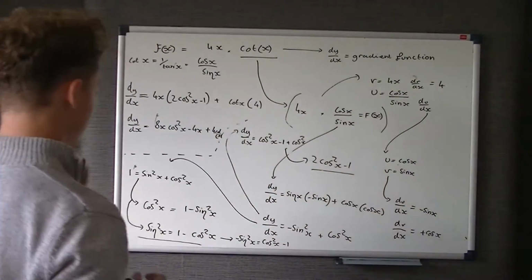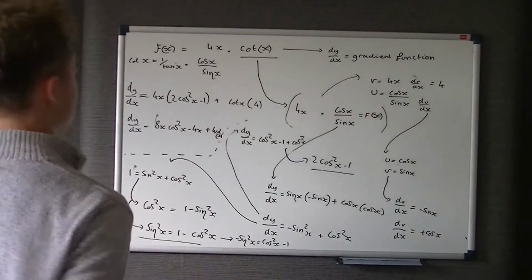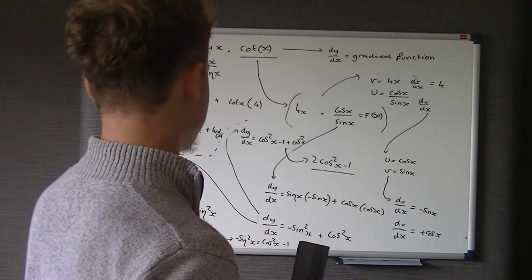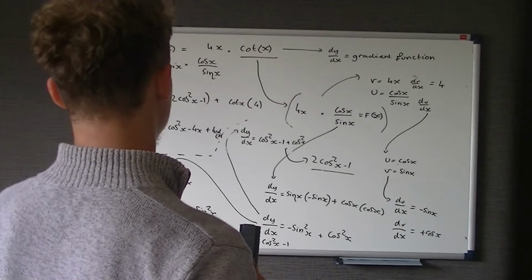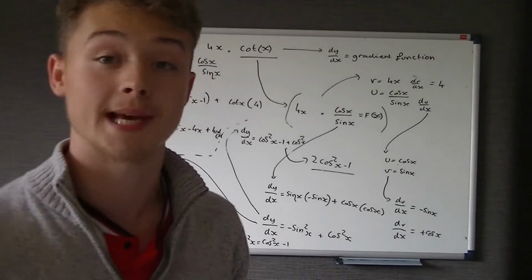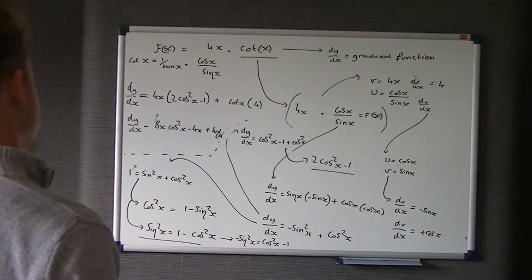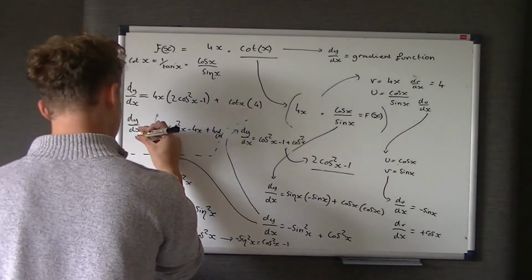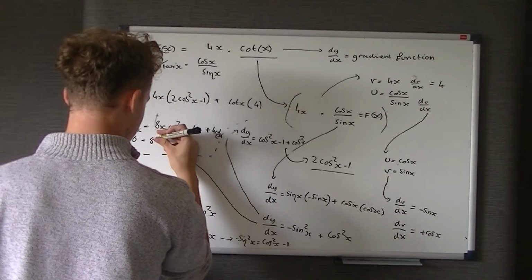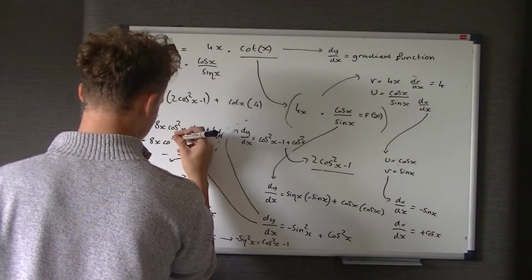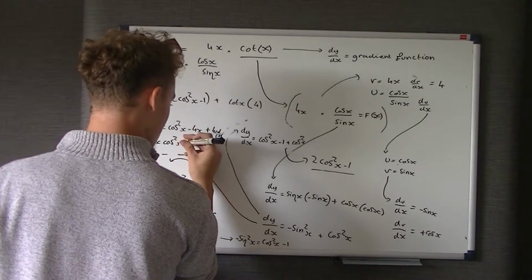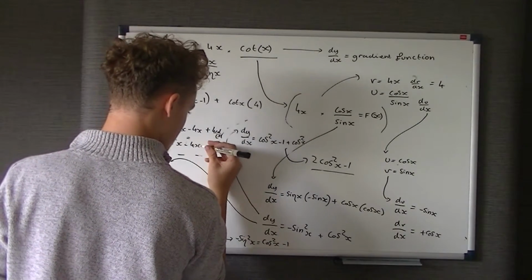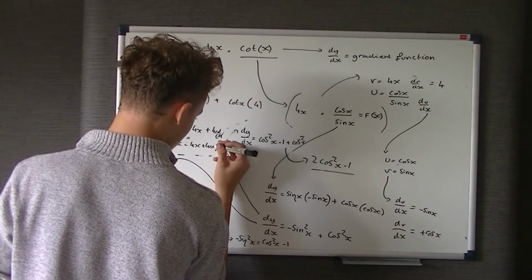So the derivative of f(x) is 4x times cot x is 8x cos squared x, take 4x plus 4 cot x. Obviously that has to be equal to 0. So 0 equals 8x cos squared x, take 4x plus 4 cot x.